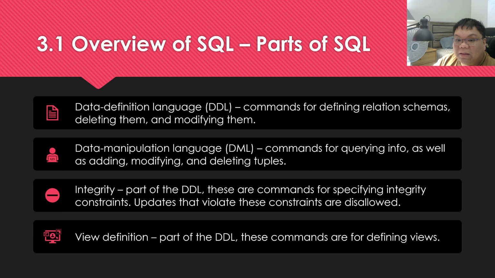There's also view definition. In a database, there's going to be some data that not everyone should be allowed to see. So we define different views that block out, or only allow certain users to view the information that they are allowed to see.